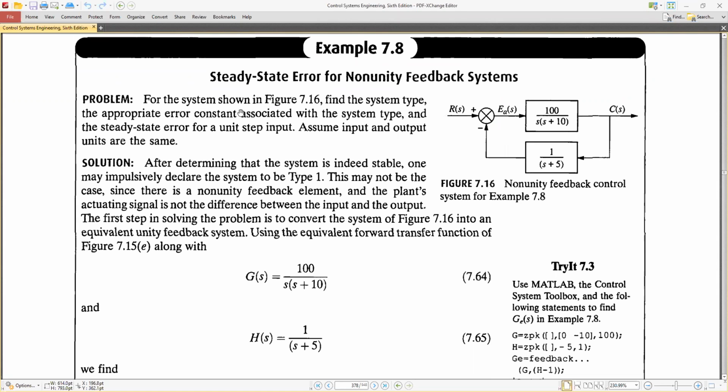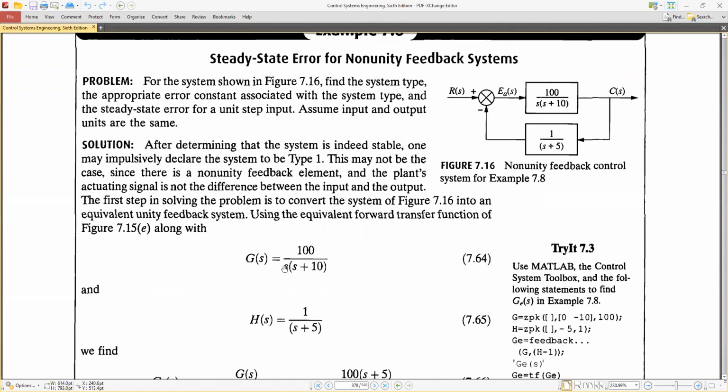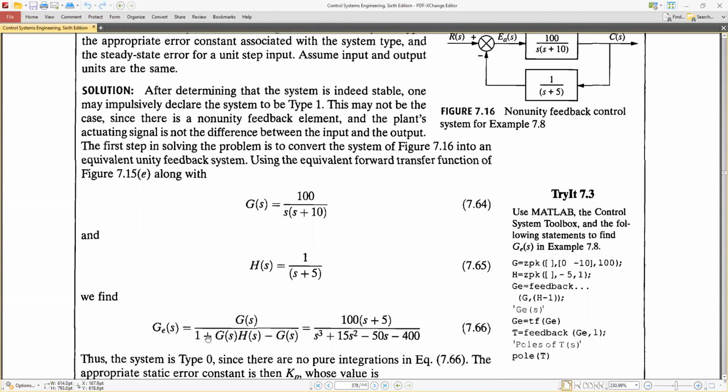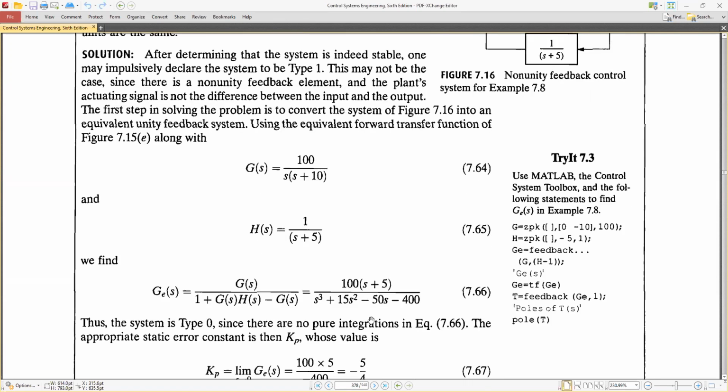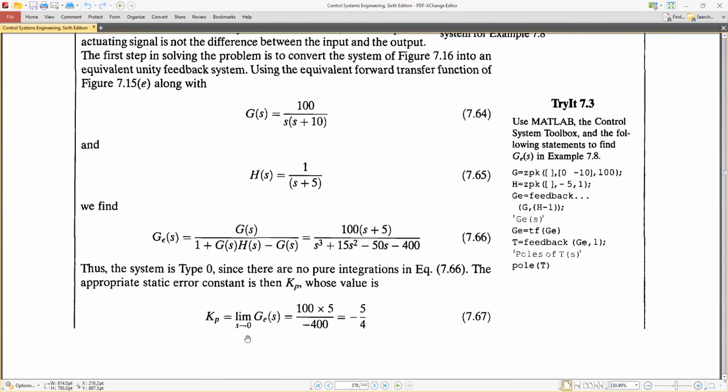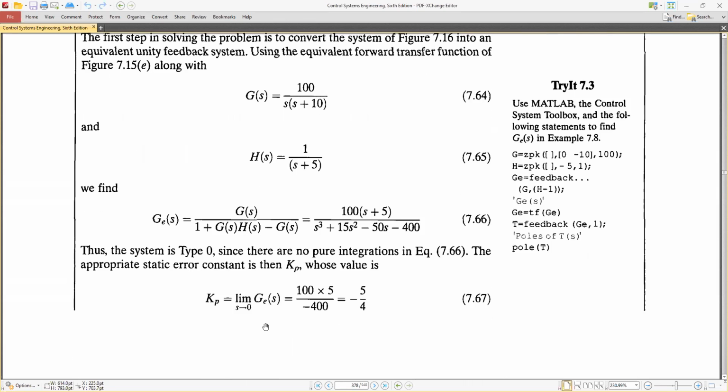For the system shown in the figure, find the system type, the appropriate error constant associated with this system type, and the steady state error for a unit step input. Assume input and output units are the same. So G(s) and H(s), we know G(s) and H(s). So find the equivalent G_e. So it is the equivalent. Now put this one in Kp, Kv.